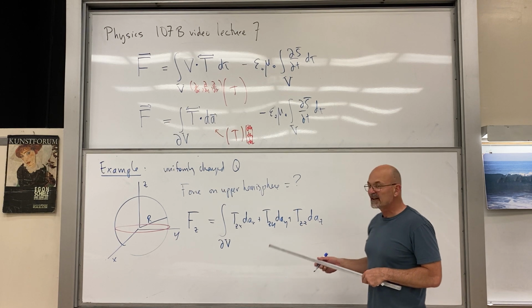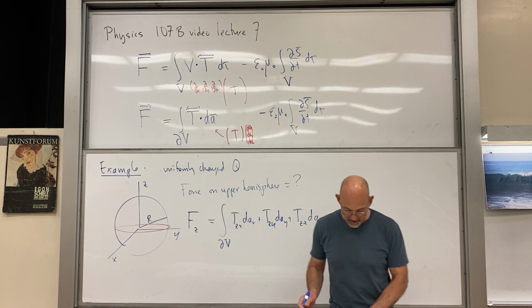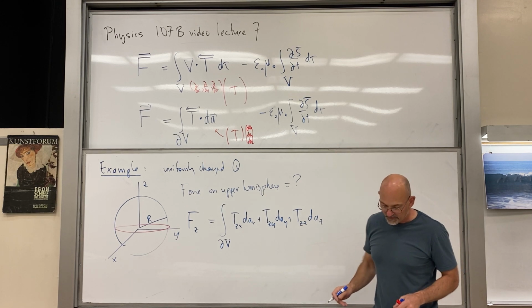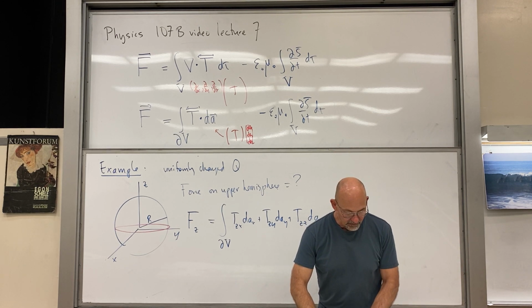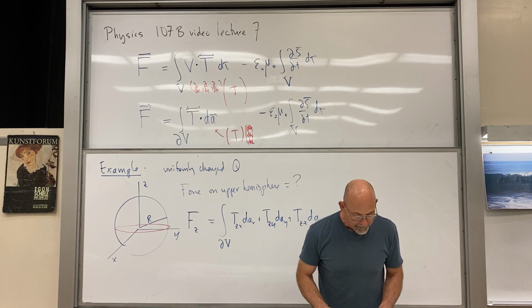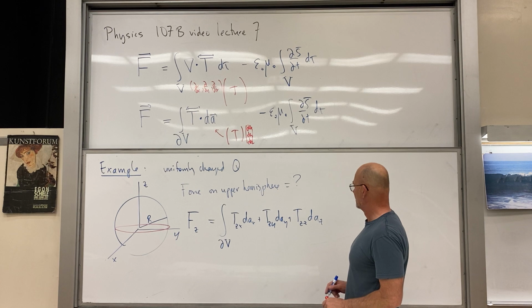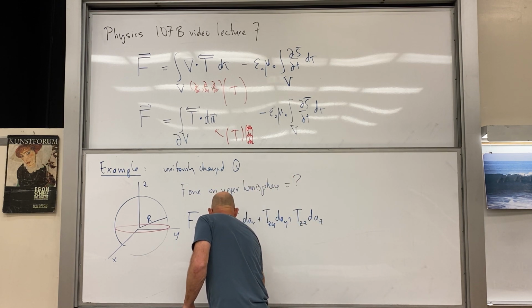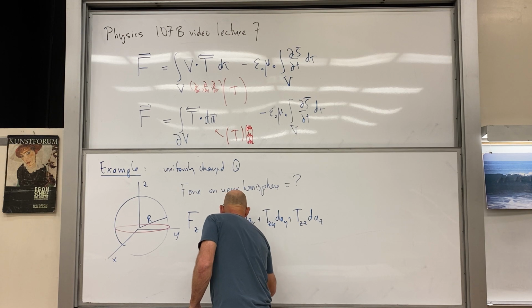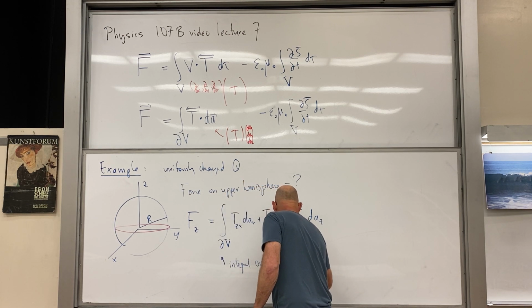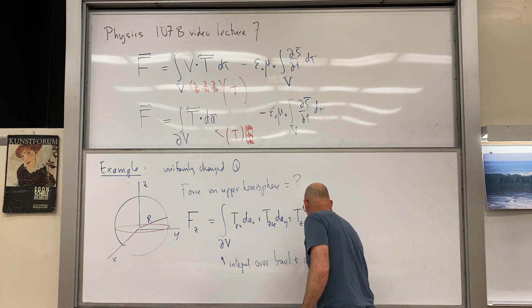And I actually want to get it all on one board. The ingredients on this board, then I'll send it up and do the rest of the calculations. So let's see what we have here. And I'll even write here, integral over the bowl and the disk.